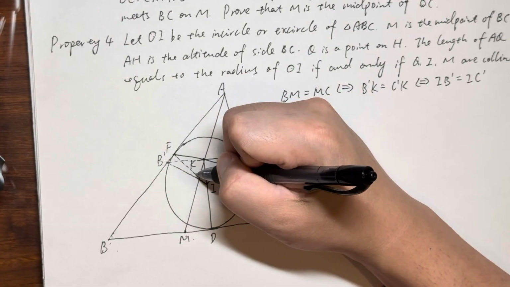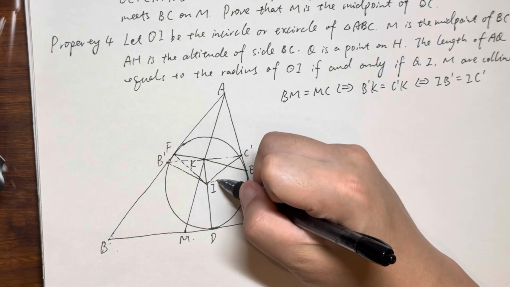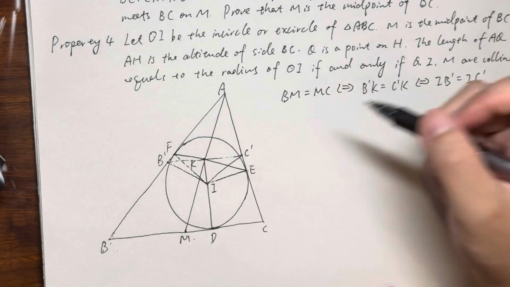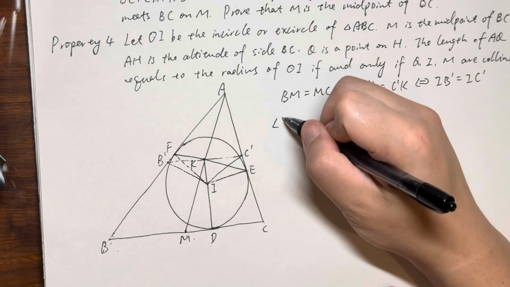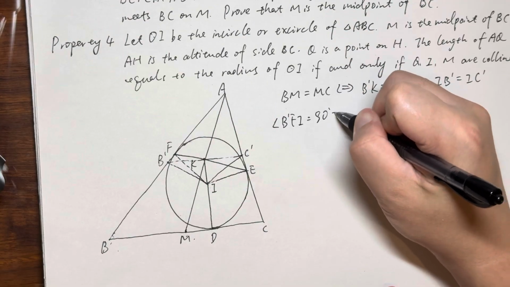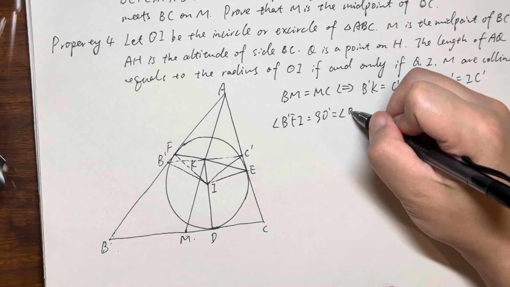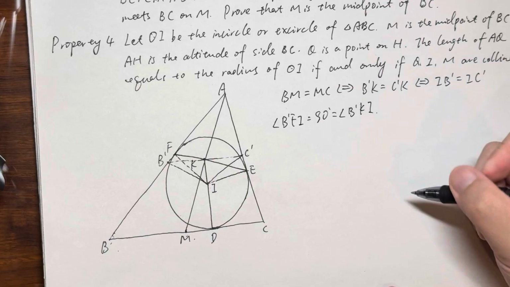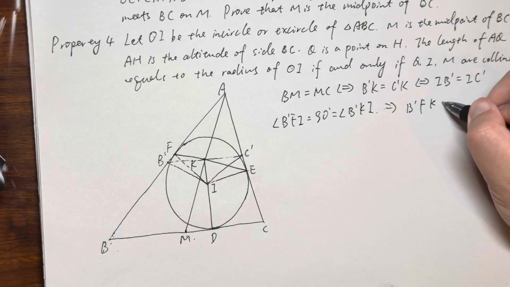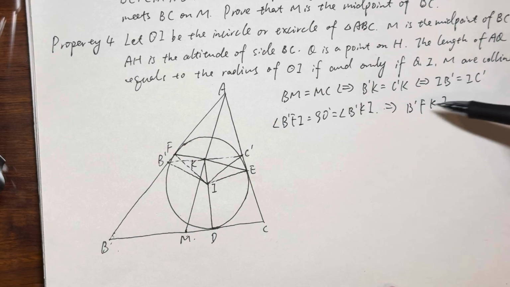So we connect IF and IE. We notice that angle B prime FI equals 90 degrees, equal to angle B prime KI, which means B prime, F, K, I, these 4 points are cyclic.